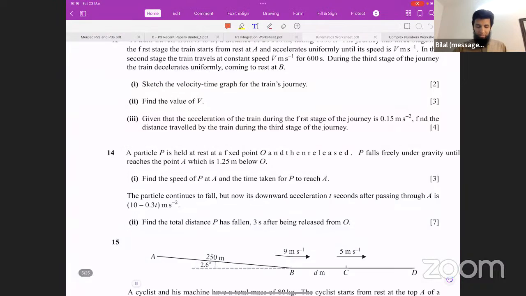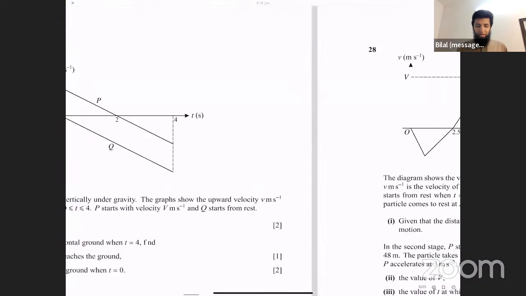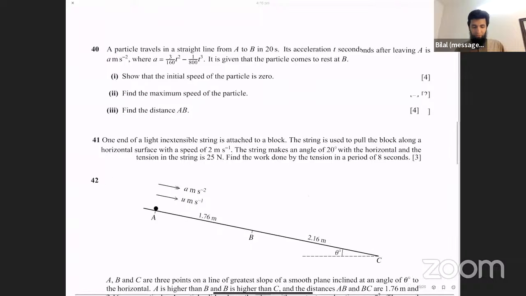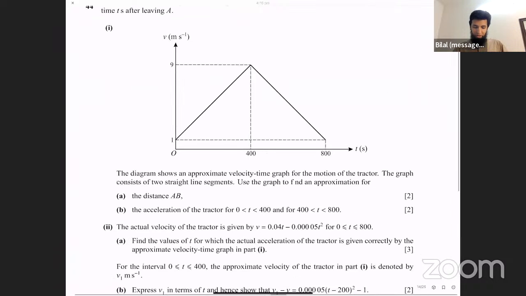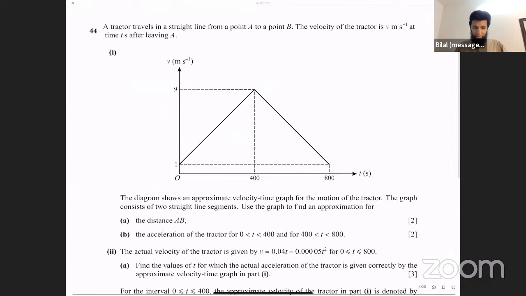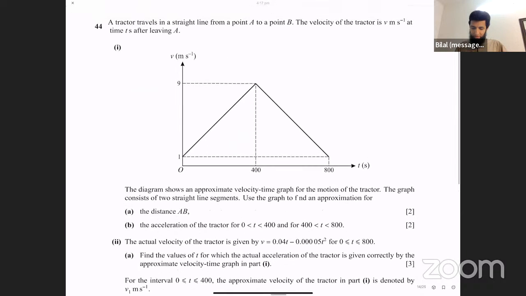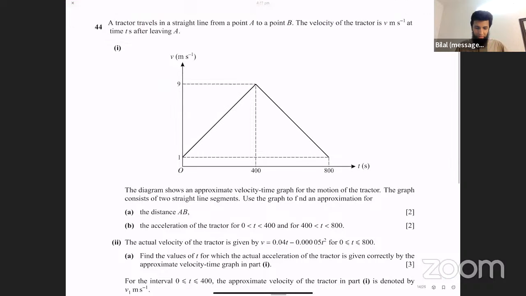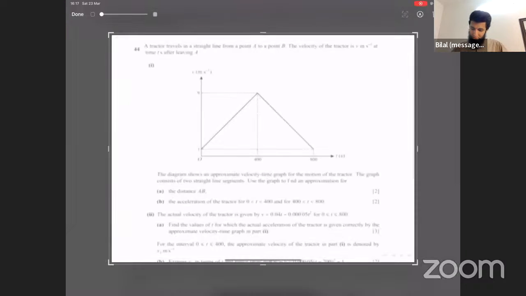Okay, so now let's have a look at question number 44. Then we end with that for today. Question number 44 from the worksheet. Now, this is a relatively lengthy one. Let me copy this.